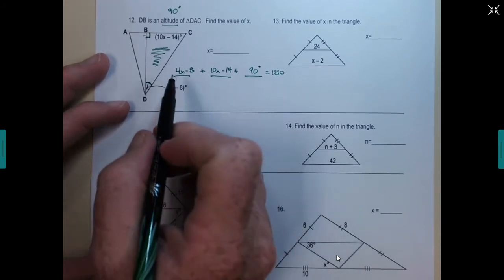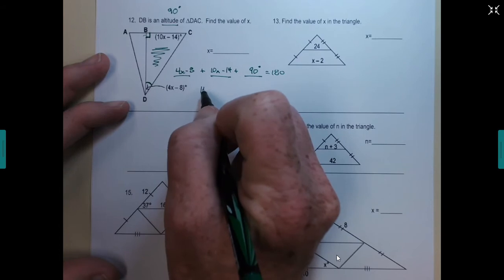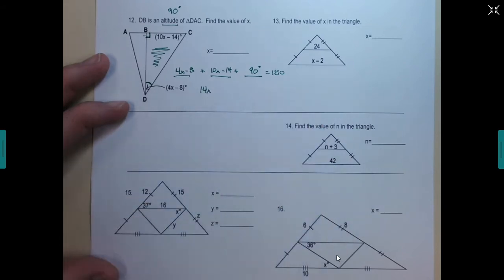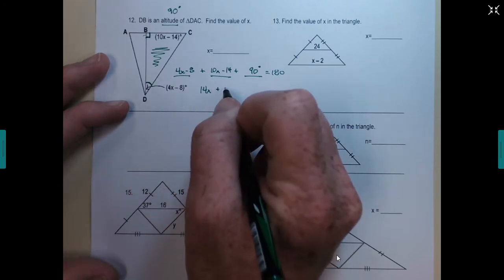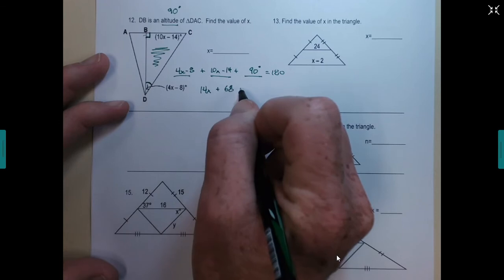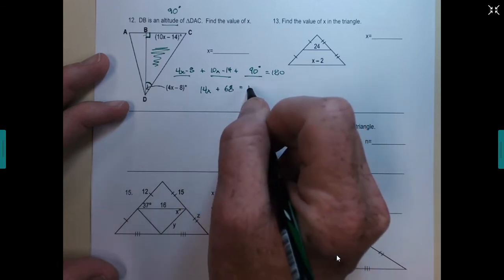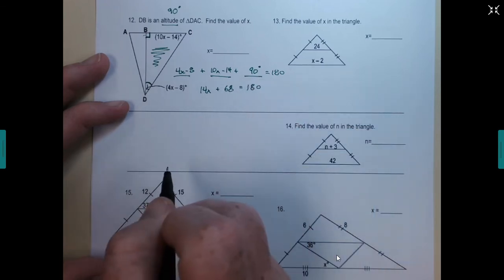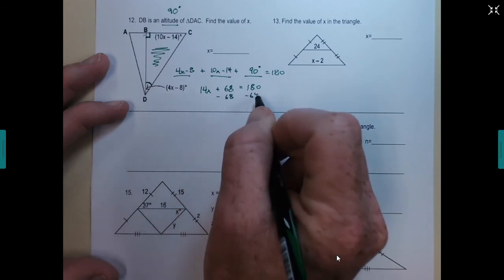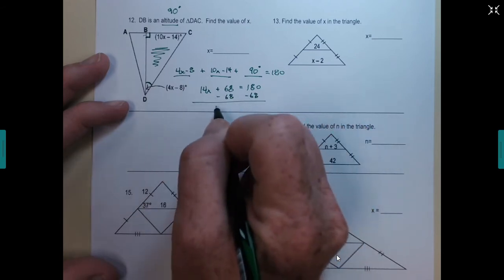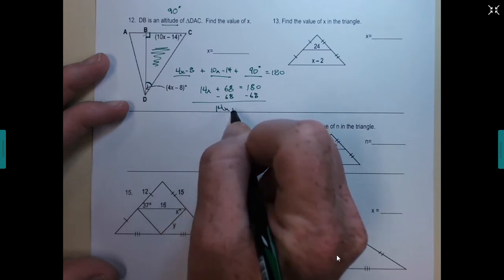Well, if I combine like terms, I've got 14x, and then I've got negative 22, so that is plus 68 if I combine it with 90. Take away 68 from both sides of the equation so I can get closer to getting x by itself.